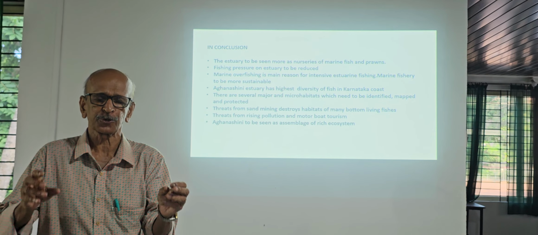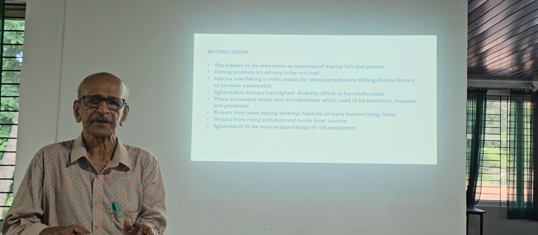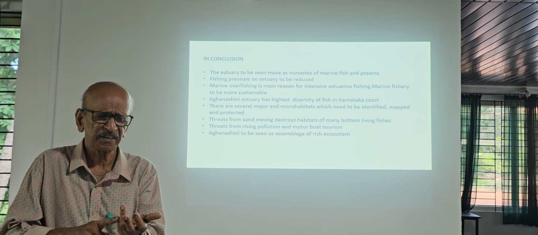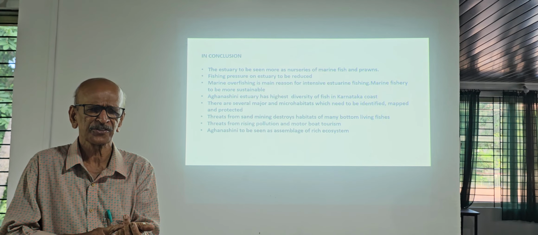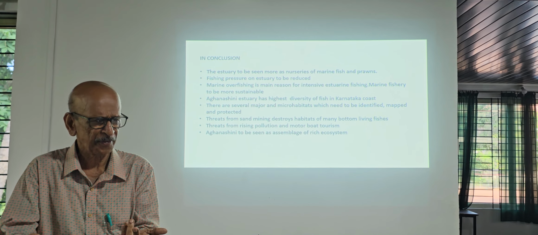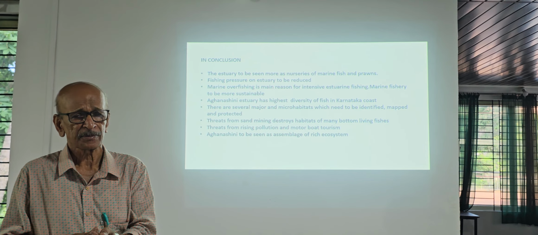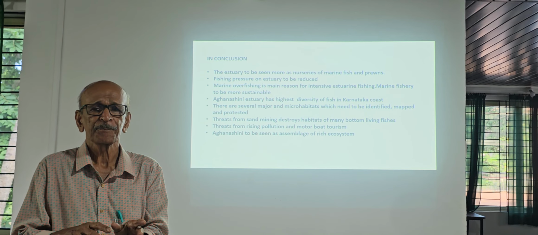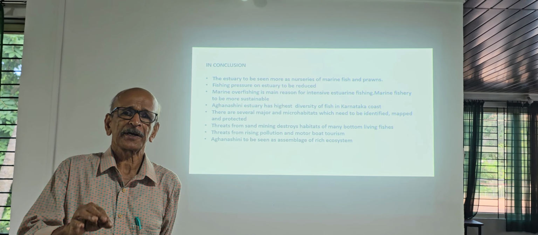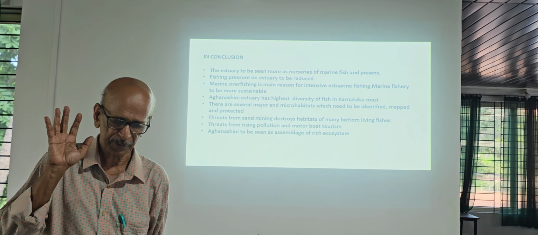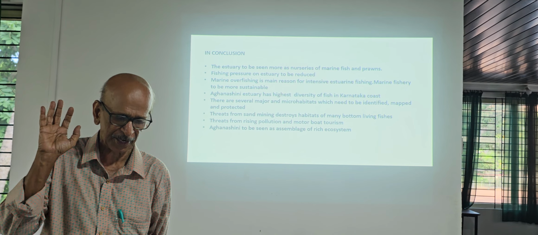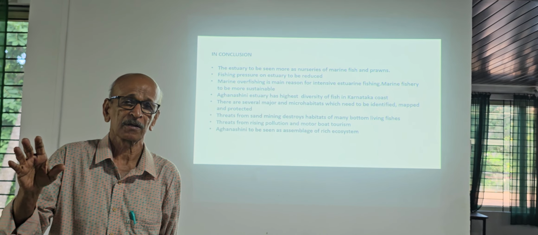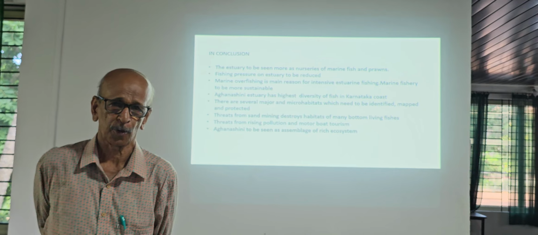Each ecosystem needs to be studied, mapped, and the associated organisms like crabs, mussels, other clams, then the fishes, the birds, all need to be documented habitat-wise and used in a conservation strategy, very critical for the management plan of the Ramsar site of international importance. Thank you.